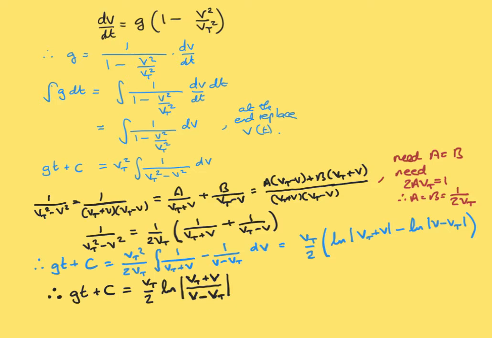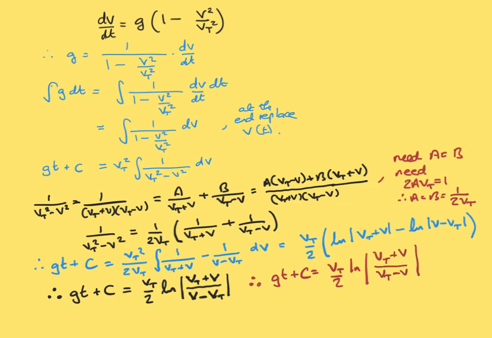So we can rewrite this as gt plus c is the terminal speed over 2 times the logarithm of the modulus of vt plus v over vt minus v.